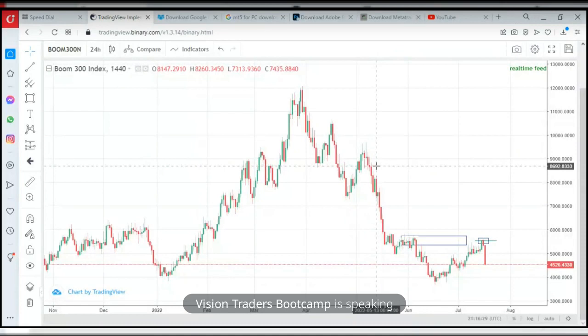What you see these days is people just taking BOS from any time frame. You go to any time frame, you see BOS, you take it. Why are you taking this? Because I saw a liquidity sweep, I saw structure on a lower time frame, and I'm taking the entry.